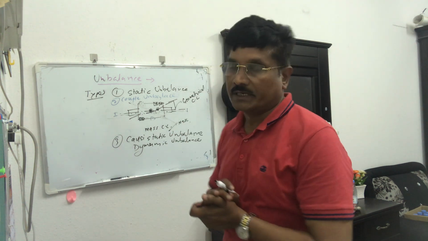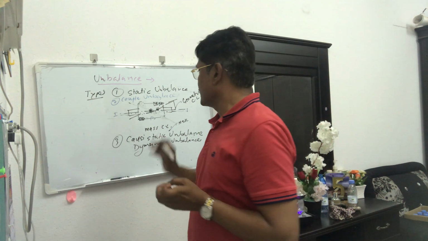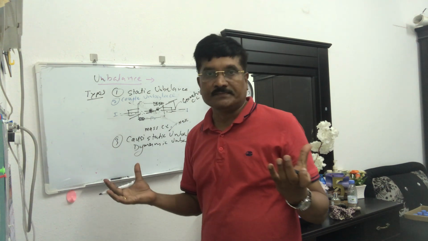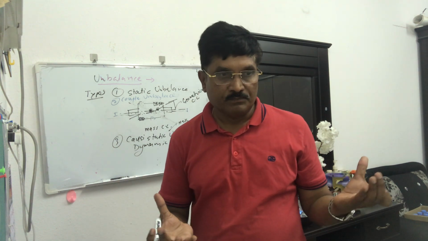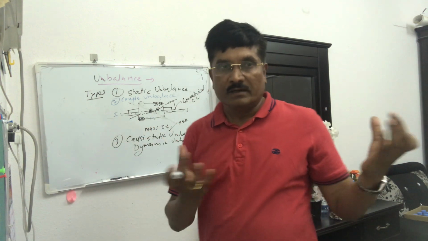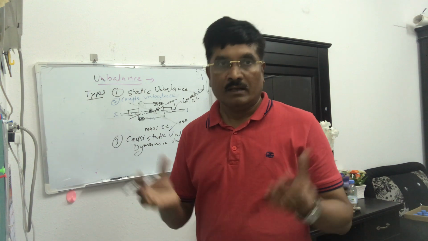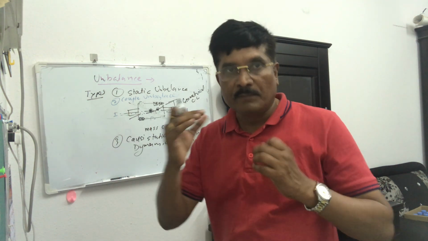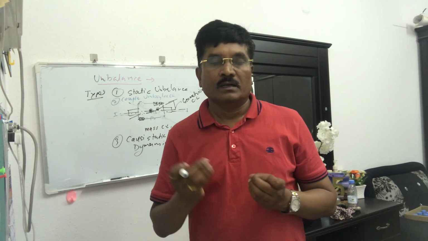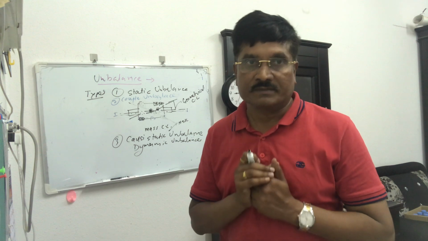Now, how to cure it, how to rectify it, that is a big question. First thing, if it is a small rotor, like a pump, small turbine, small motor, then remove the rotor, go to the balancing machine in a workshop, put it on a balancing machine, and the balancing machine tells you while rotating where the unbalance is and where to add the weight.